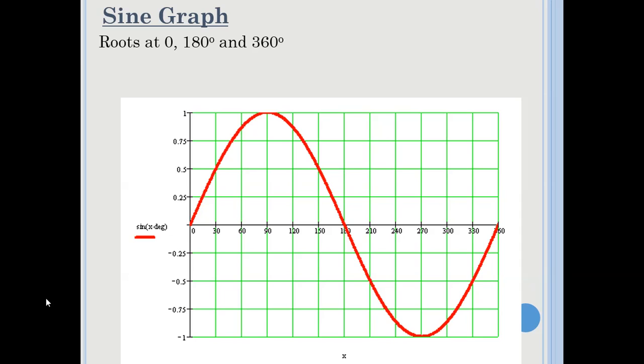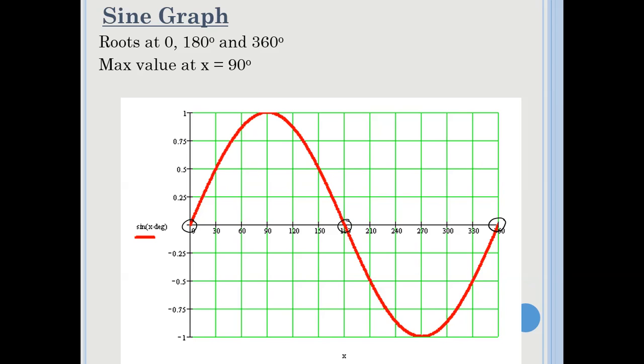It's got roots at 0 degrees, 180 degrees and 360 degrees. So if you look at the axis that we've got just now, it's a bit different from your x and y sometimes, but our roots are 0, so where it crosses the x-axis, 180 and 360.